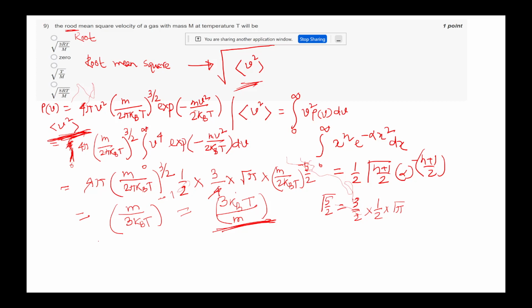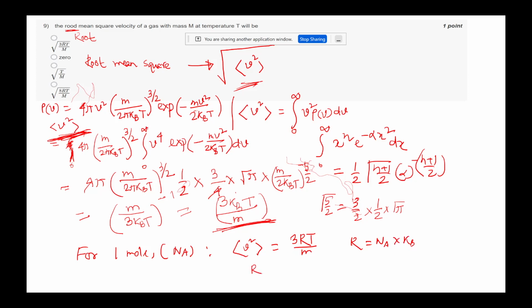Then for 1 mole, meaning Avogadro number of molecules, the v square average should be 3RT by M, because you have earlier seen that R is Na times Kb.